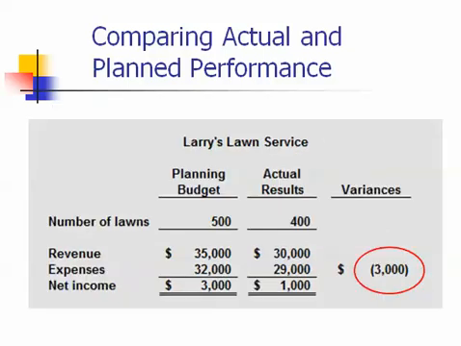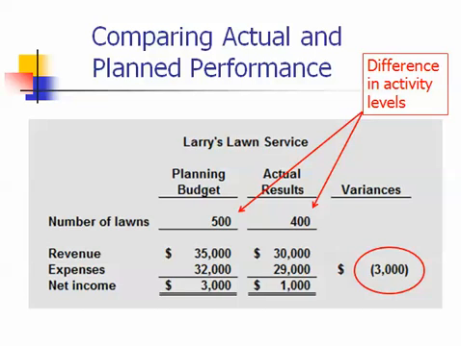If we focus first on the difference between our planned expenses of $32,000 and our actual expenses of $29,000, we see we have a $3,000 variance. Our first inclination might be to celebrate that this is good news, that our actual expenses were less than we had expected. But a little common sense would point us to that difference in activity levels.